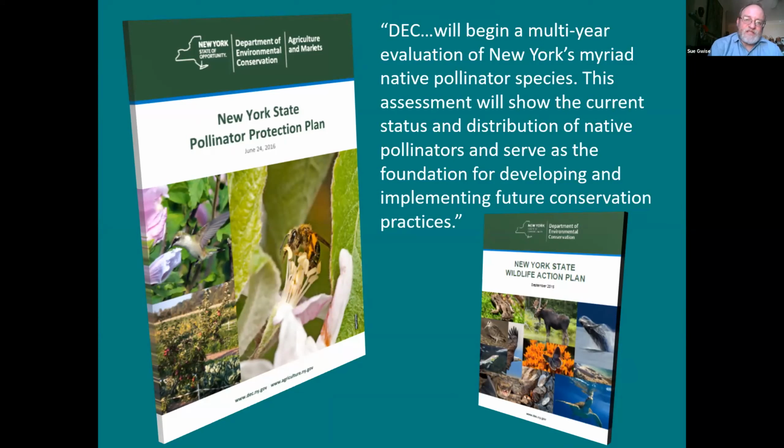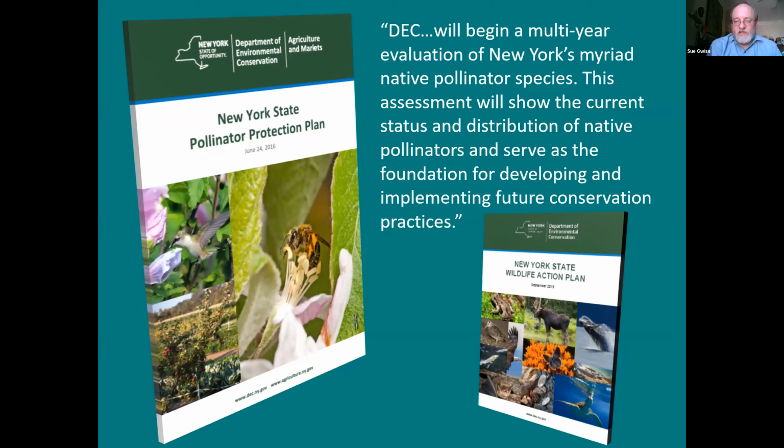They came out with the New York State Pollinator Protection Plan, and in it was the paragraph that you see there: DEC will begin a multi-year evaluation of New York's myriad native pollinator species to show the current status and distribution of native pollinators, and serve as the foundation for developing and implementing conservation practices. So that was the charge that was put in the pollinator plan.